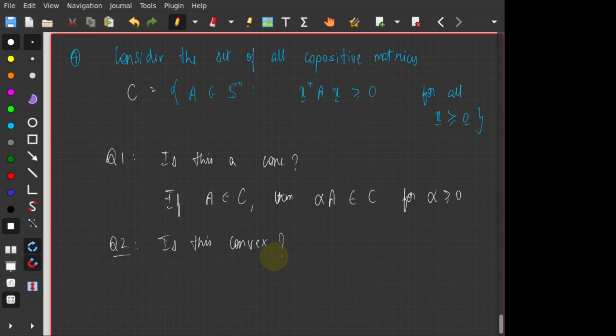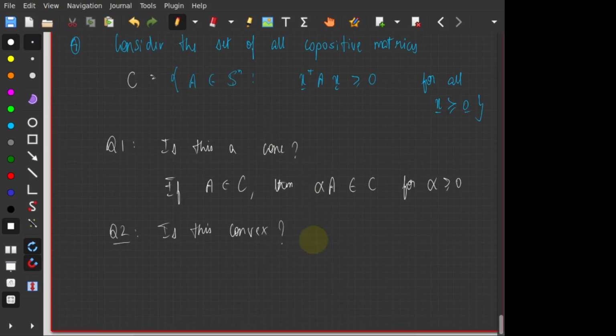Yes. Why? Yep, you can take alpha A1 plus 1 minus alpha A2. Okay, is it closed?